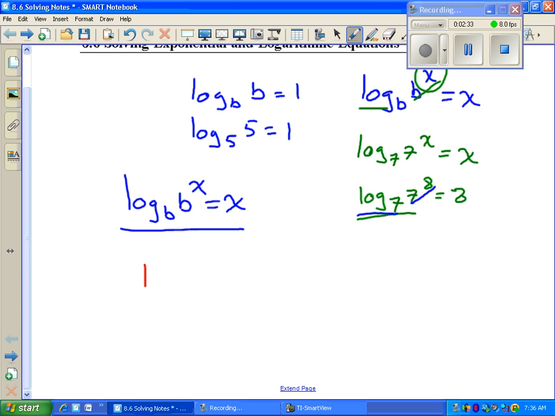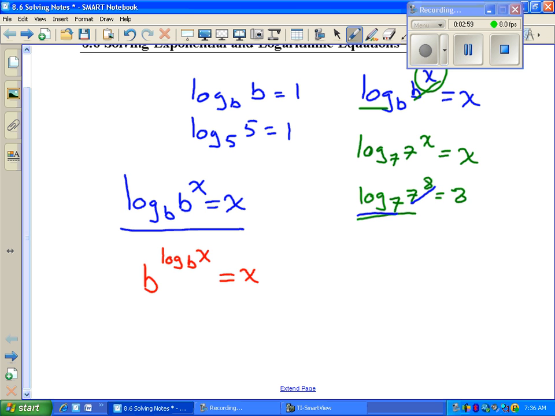If I say b to the log base b of x, so the log is in the exponent, the base is b, and x is the argument, these also cancel out, leaving x as my answer. This again tells me that the inverse of log is exponent, and they cancel each other out.